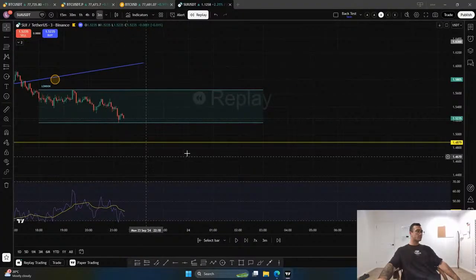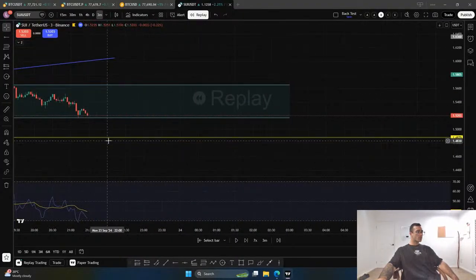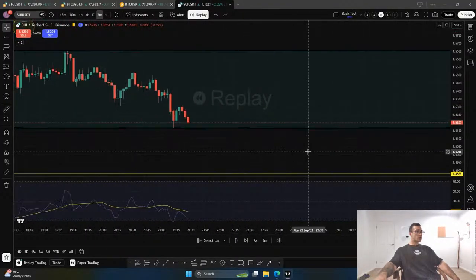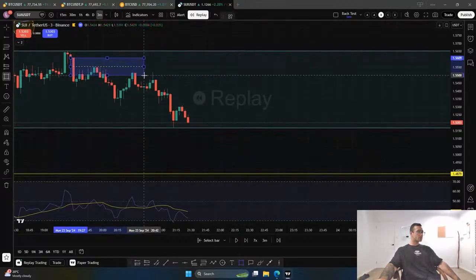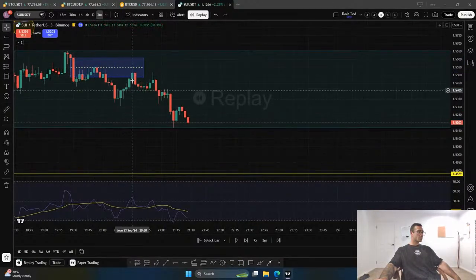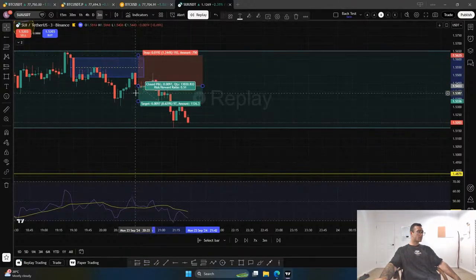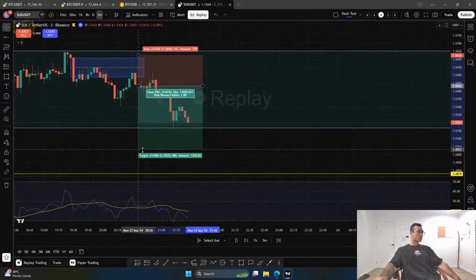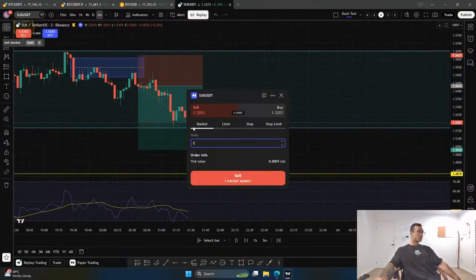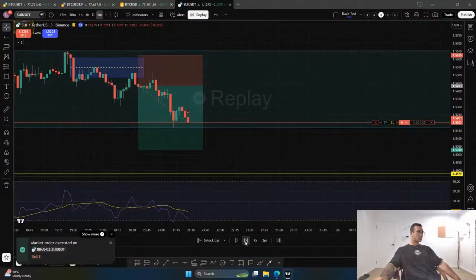Cool. Should have been watching because this here was it. Boom. Right there, it's double tapped again. Open on that. 2 to 1. Sell. Yeah. Next.